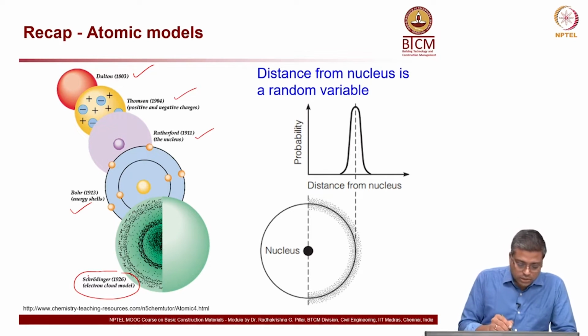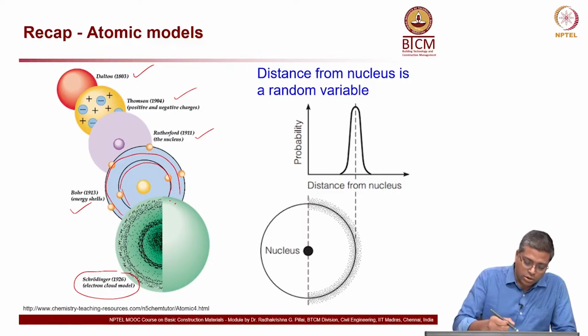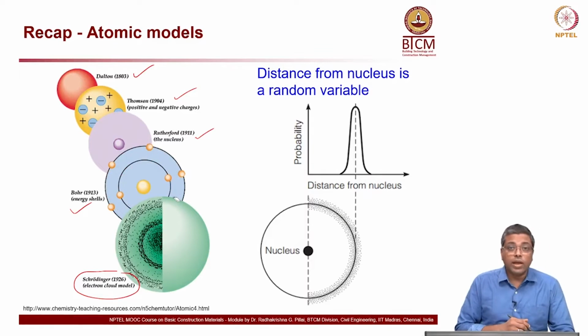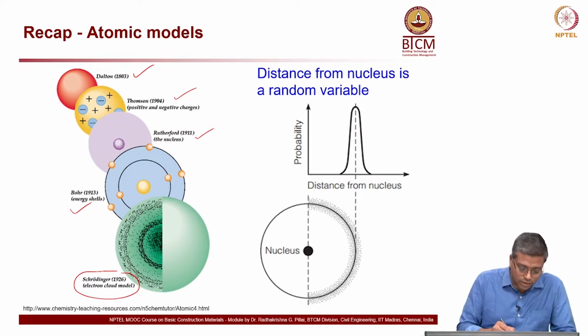In the Niels Bohr model, you can see well defined orbits, right. But later on, based on Schrodinger's model, it said it is not a well defined orbit, but rather there is a cloud of electrons. So, the electron could be anywhere in this region.